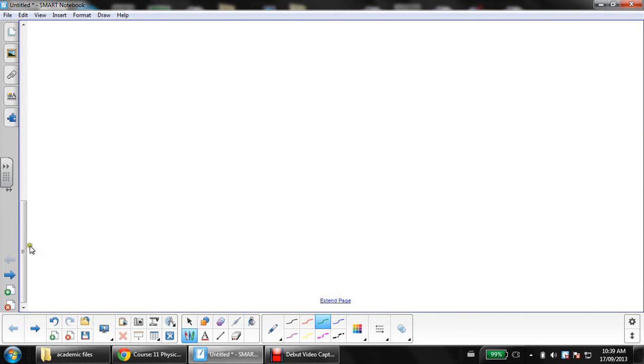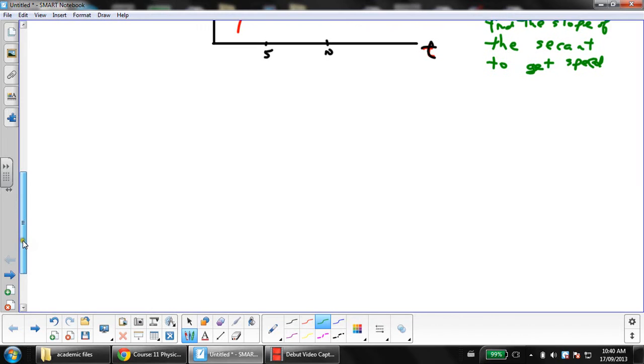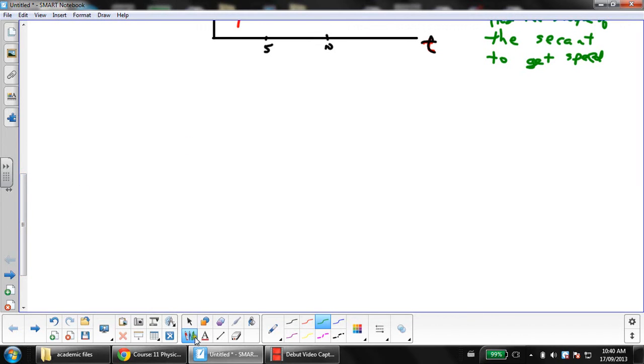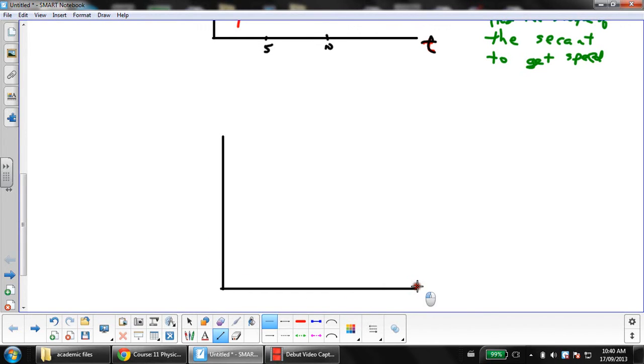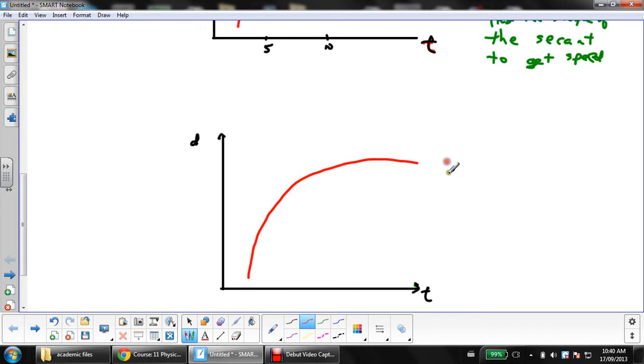Now there's another type. I'm just going to go down a little bit, give myself some room here. Draw a new graph because there's one other type of thing that you might be asked to solve for here. Another type. Let's get black again. So I got my T, I got my D, I got my crazy graph, yes?